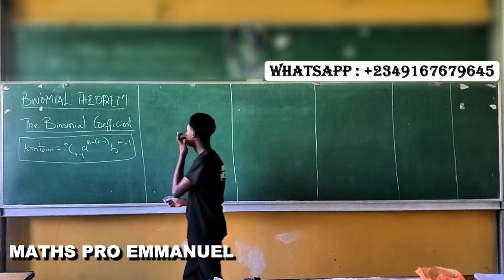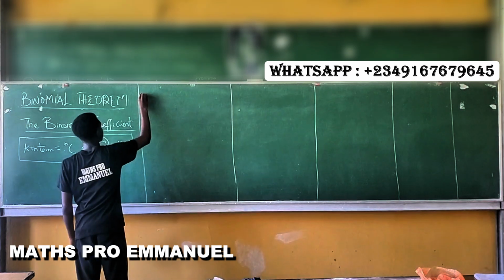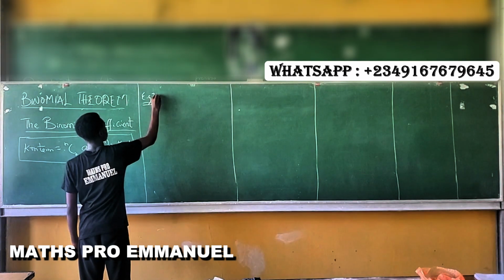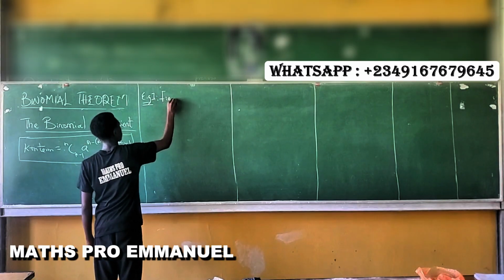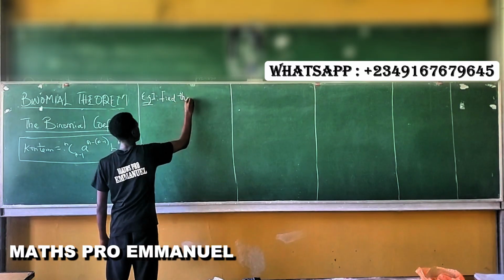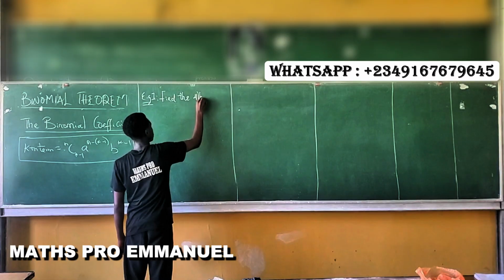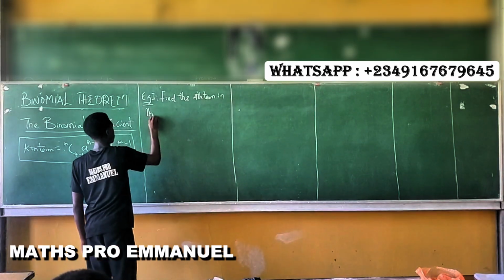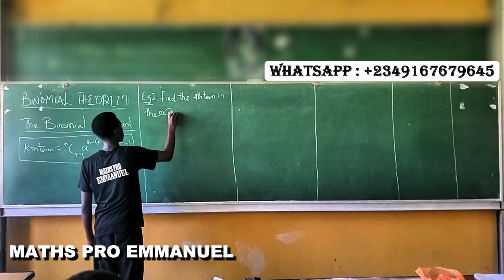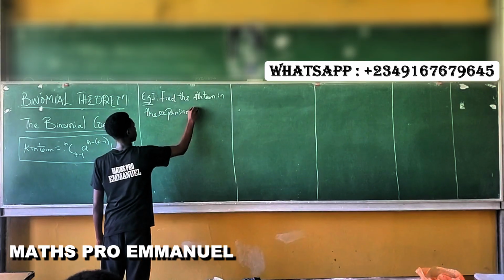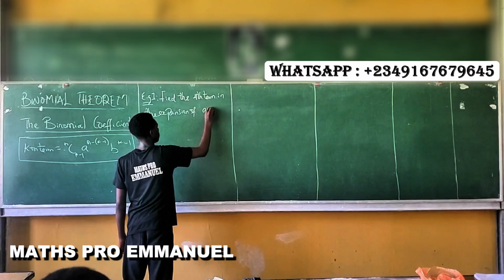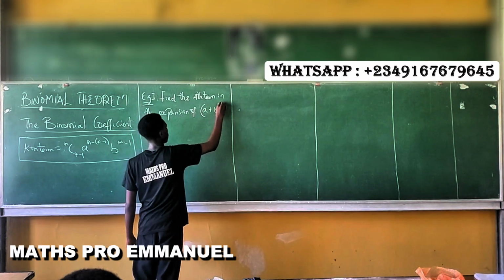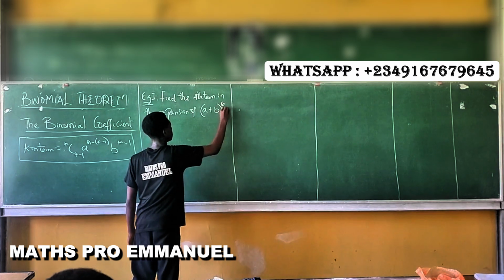All right, so now we are given this problem. Let me name this example 1. We have to find the fourth term in the expansion of (a + b) all raised to the power of 6.